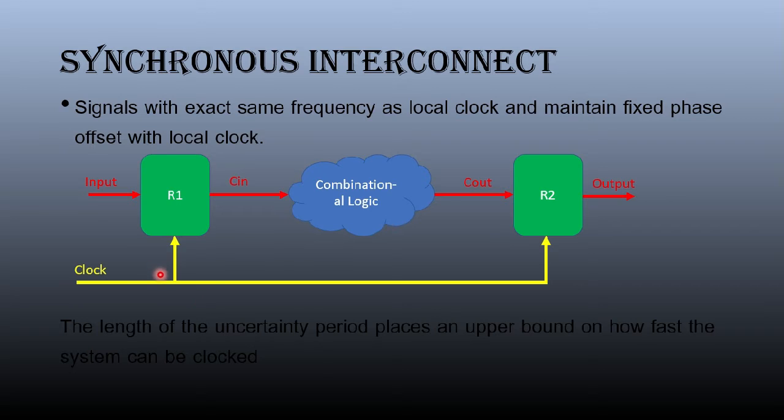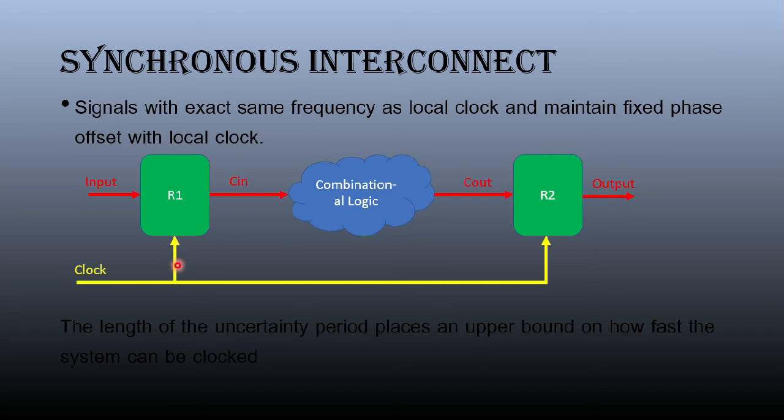So this is the local clock we are talking about. We don't care about how this clock came here. Which global clock is driving this clock doesn't matter, right? We just care about this local clock, and our signal Cin, which is generated from this input, has to be synchronized with the clock.